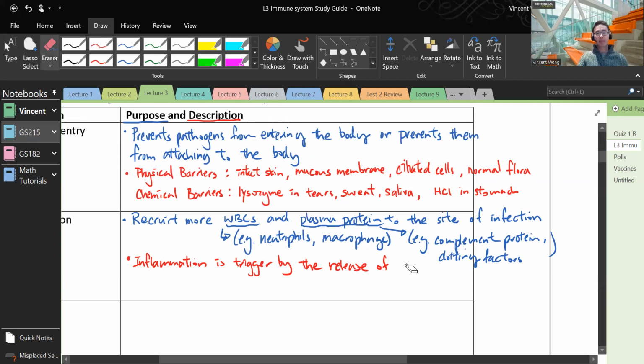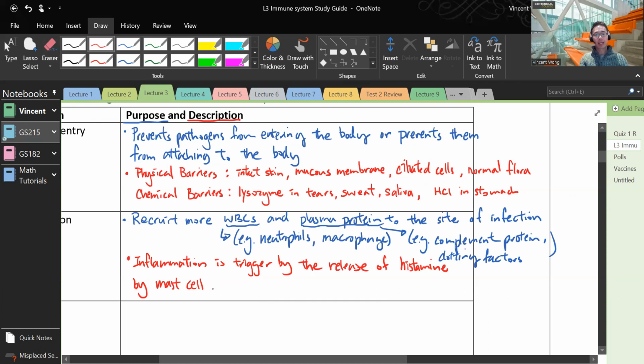Yeah, Tyler's right, it's histamine. That's correct. Inflammation is triggered by the release of histamine by mast cells. And mast cells are kind of related to basophils. Basophils are going around in circulation, but mast cells are more like fixed in tissue.